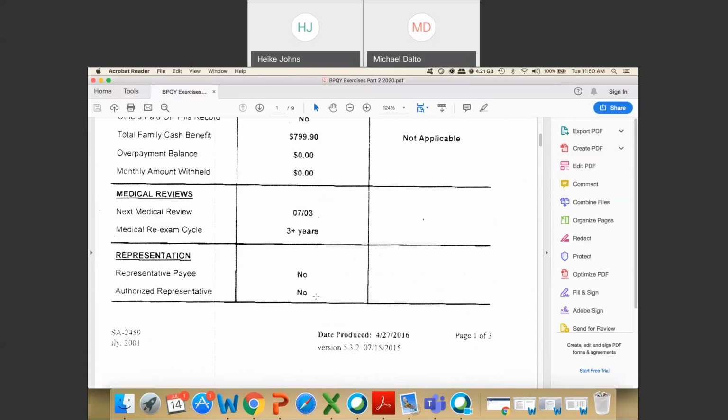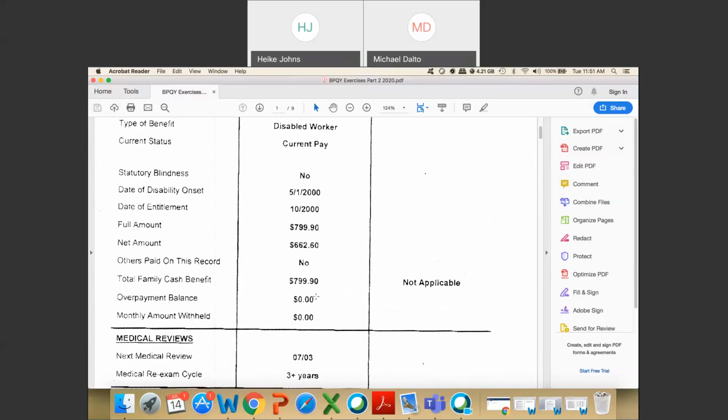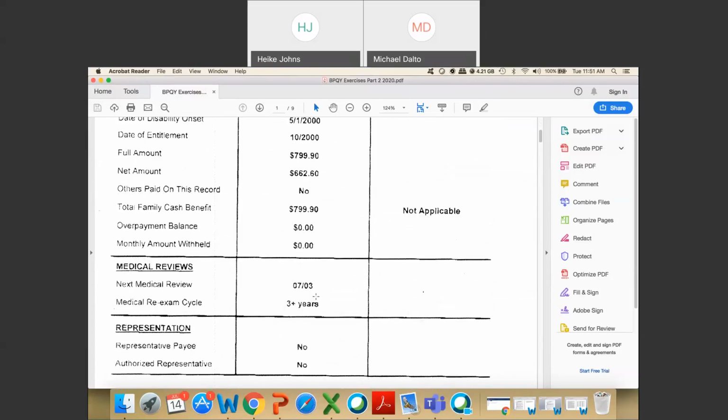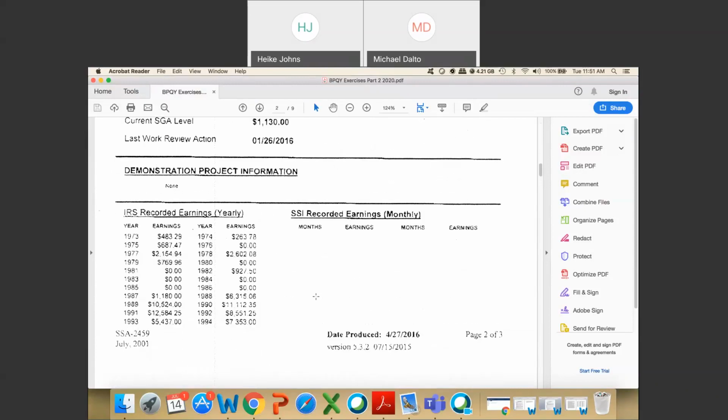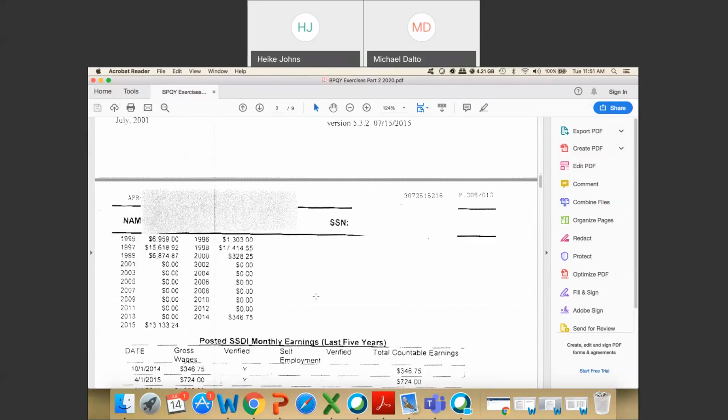So if yes, do earnings in any of the first 12 months after onset equal or exceed the SGA level? Well, let's take a look. Our disability onset date was May 2000. We look at the IRS recorded earnings for 2000, very minimal, only $328. For 2001, zero.